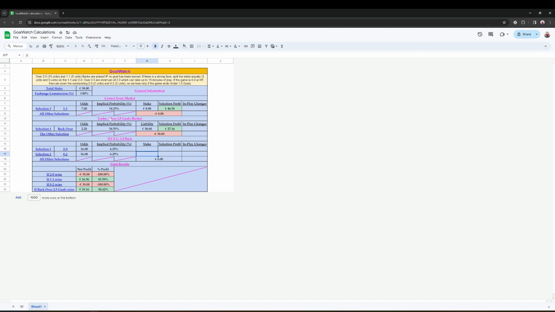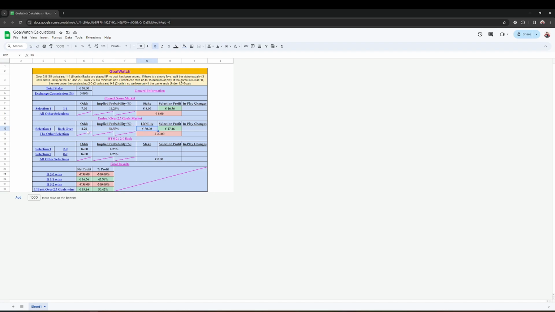But you can, again, I have this spreadsheet so I can play around with numbers and see what comes out of it. So if we assume that, let's say, the odds for 1-1 are 7, and I'm backing the over 2.5 goals at 2.20, it is just an example that I made up.